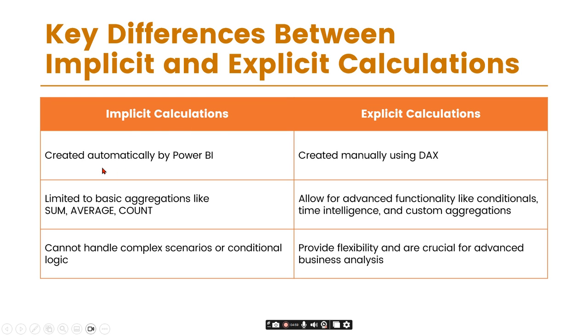Implicit calculations are created automatically by Power BI, but explicit calculations are created manually by DAX expressions. Implicit calculations are limited to basic aggregations like what we saw: sum, average, minimum, count. But explicit calculations allow advanced functionality like conditionals, time intelligence, and custom aggregations.